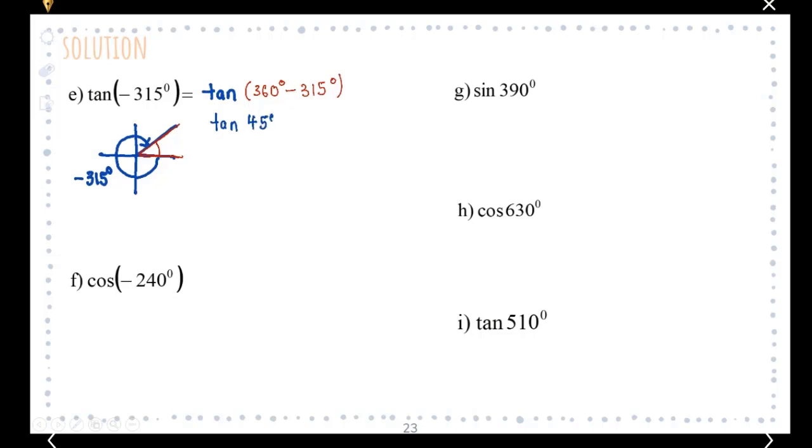Tangent 45 is a special angle that we should have memorized, or we can use the calculator, which gives us 1.